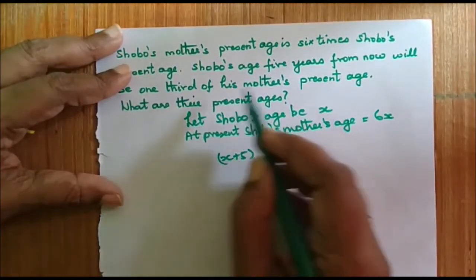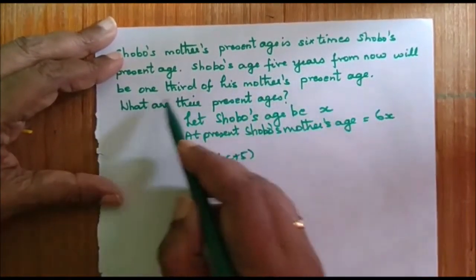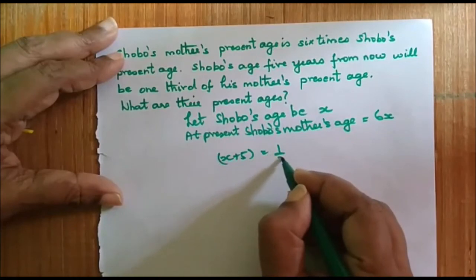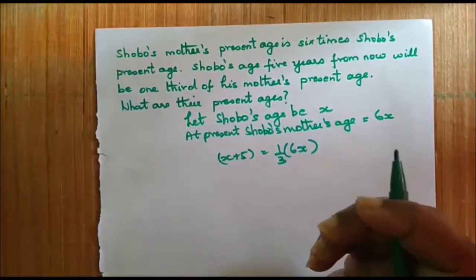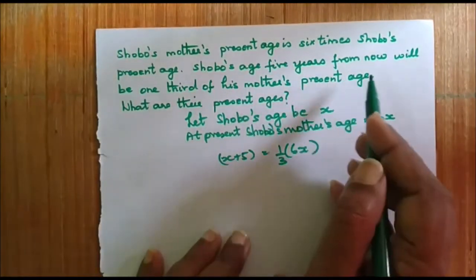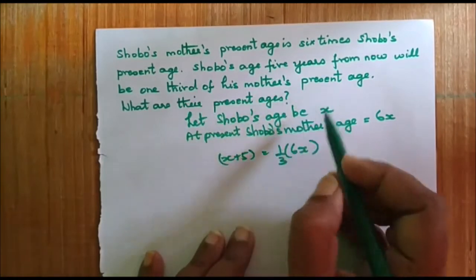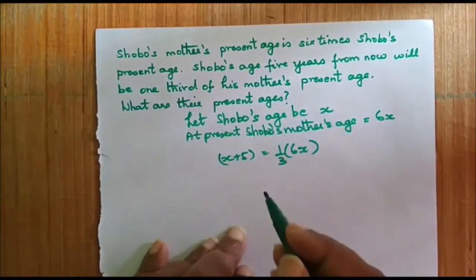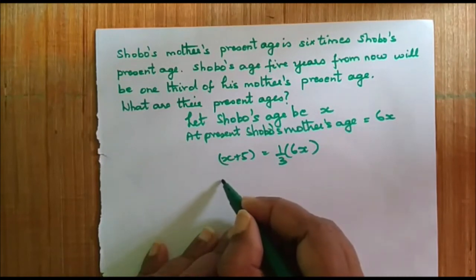Shobu's age 5 years from now will be 1/3 of his mother's present age. I hope you got it. We will solve this problem. How we can solve it? I can take 3 to the other side.